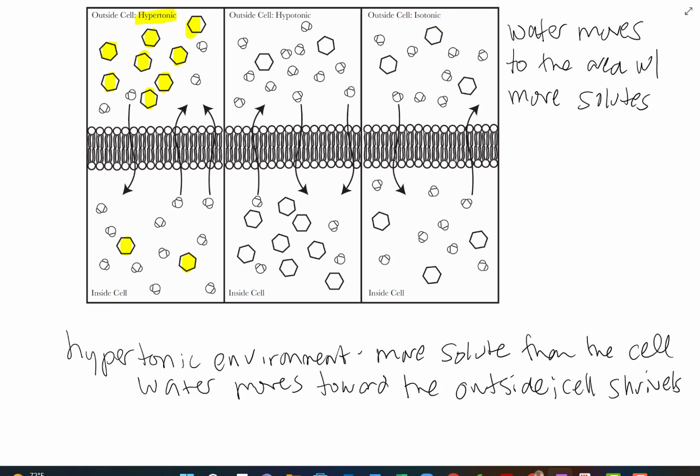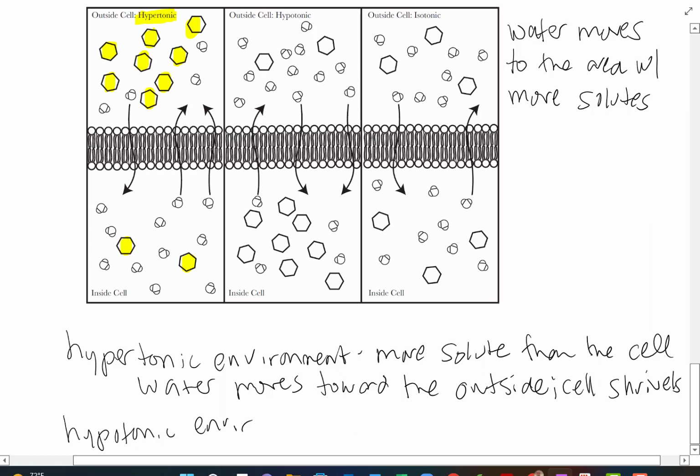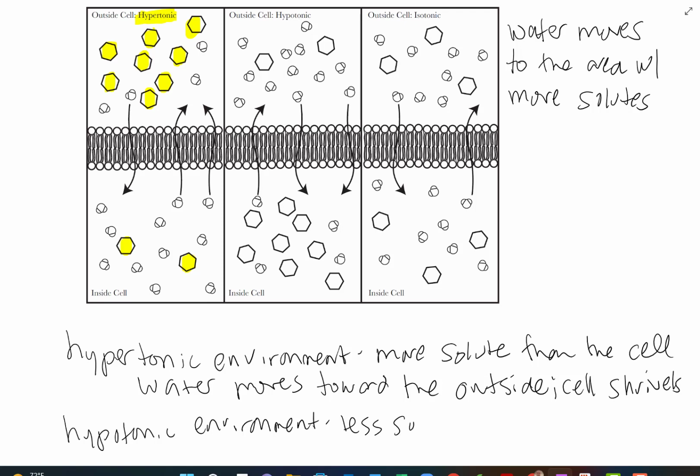Okay. Our next type of environment is going to be a hypotonic environment. Okay. And so in a hypotonic environment, there is less solute in the environment than the cell.